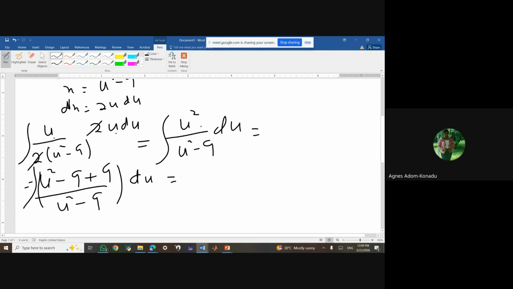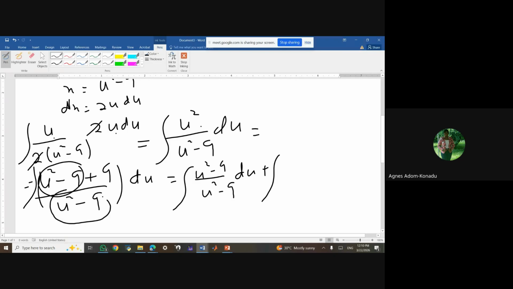Then I know that I can separate this by writing the integral of u squared minus 9 over u squared minus 9 du plus the integral of 9 over u squared minus 9 du.